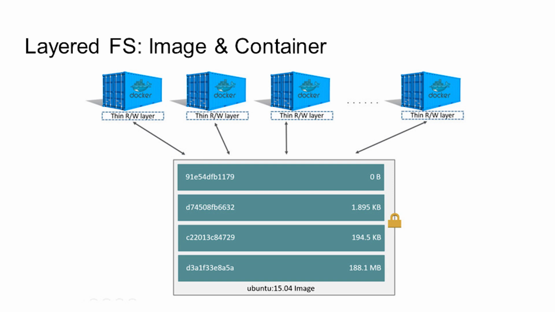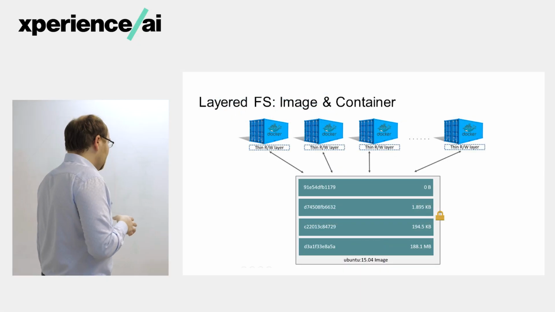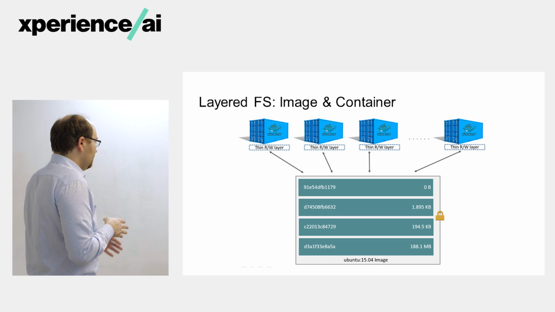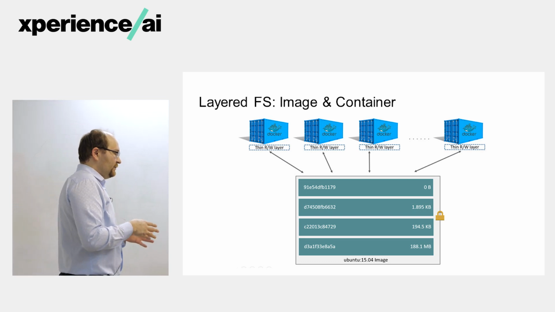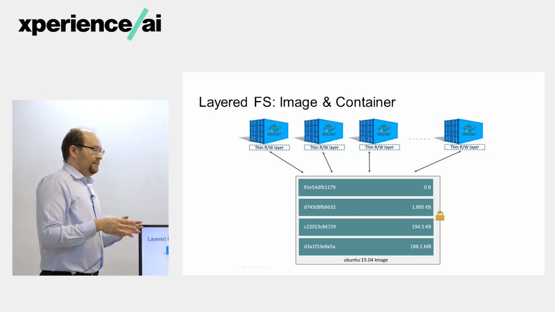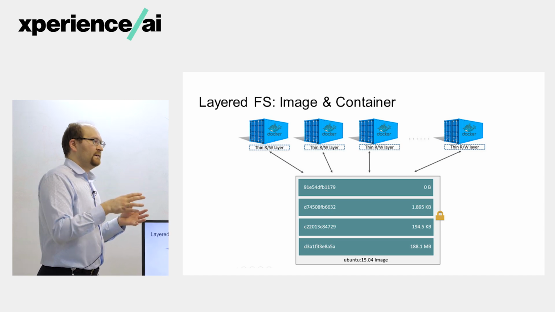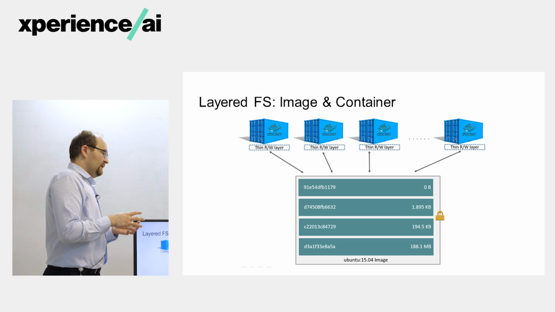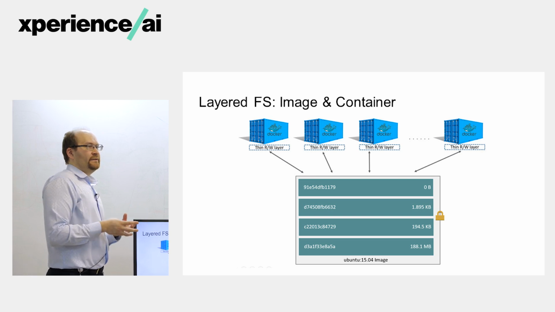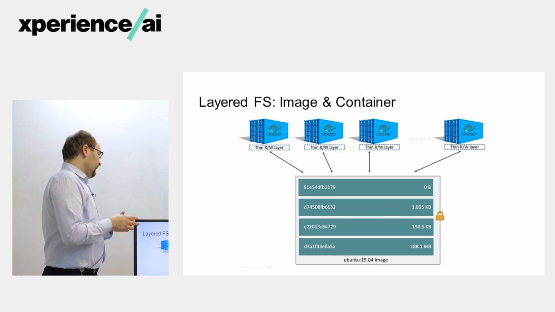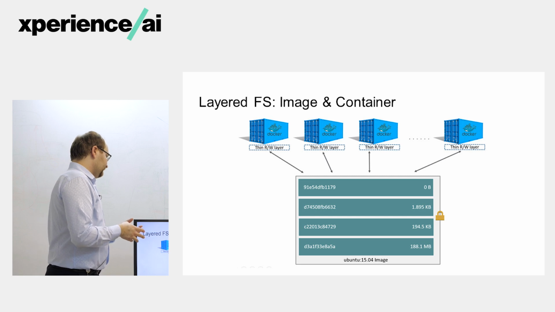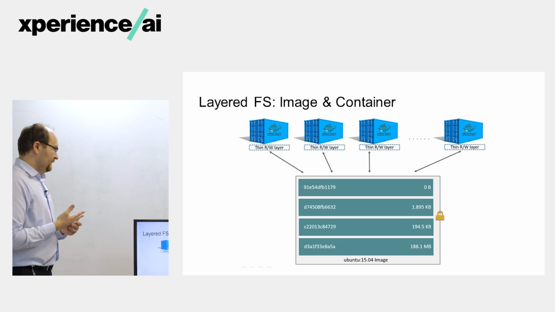Several words about the file system and how Docker organizes these containers inside of it. This system is designed to reuse pieces of these isolated environments as much as possible, and we can divide our isolated environment into two major pieces.